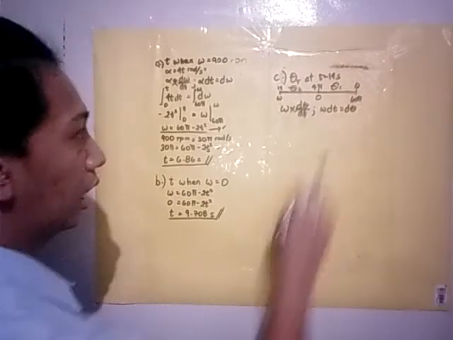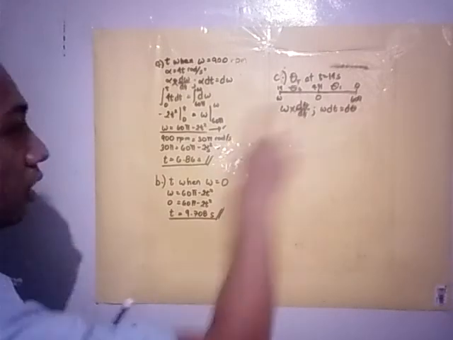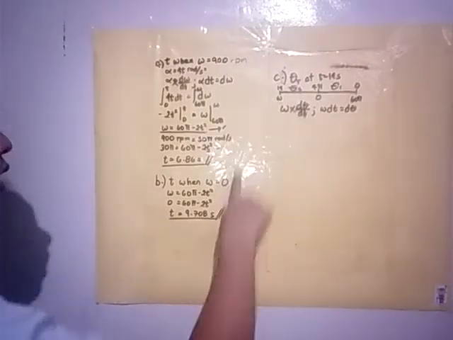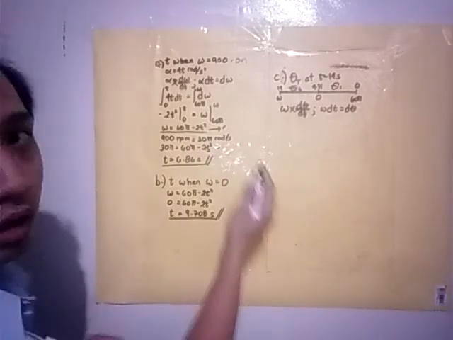Then I substitute the value of our omega, which we acquired in our past solutions, 65 minus 2t squared.